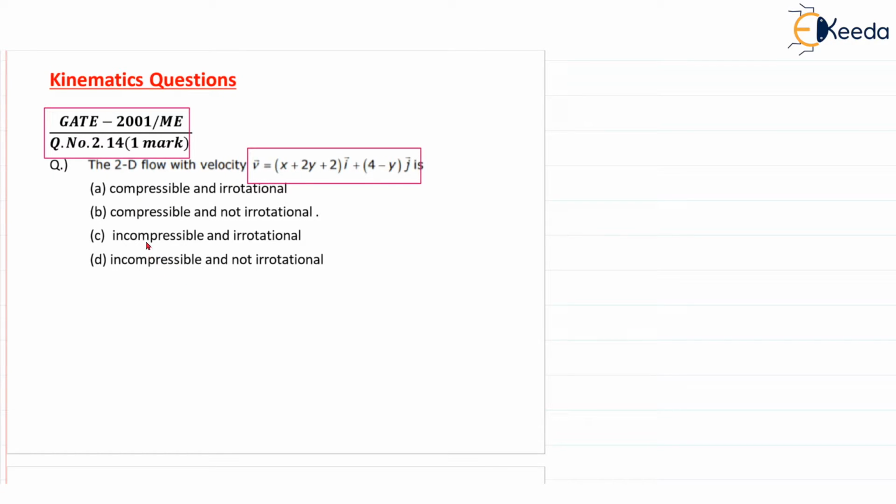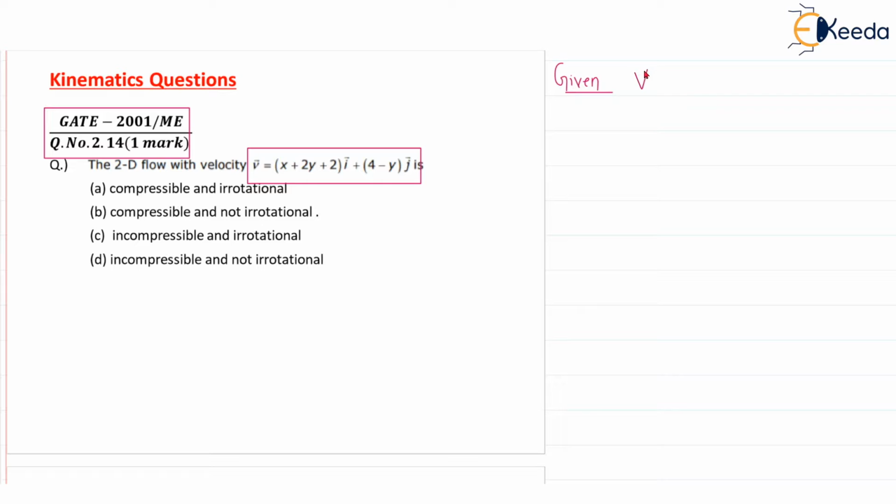So we have to check whether the flow is compressible or incompressible, and second, whether the flow is rotational or irrotational. So one by one we'll check. First of all, what is given here? A two-dimensional velocity field is given. So I'll write the given velocity field here.